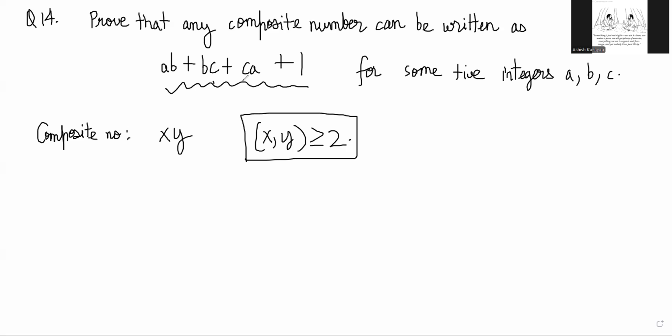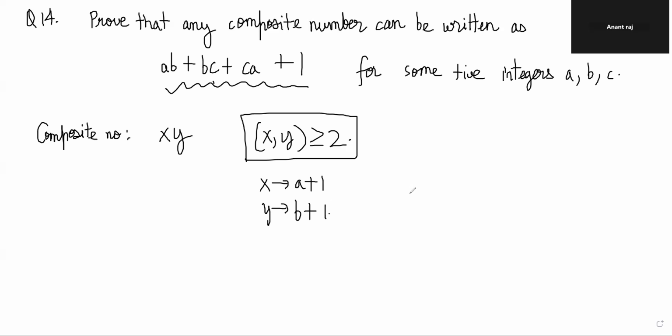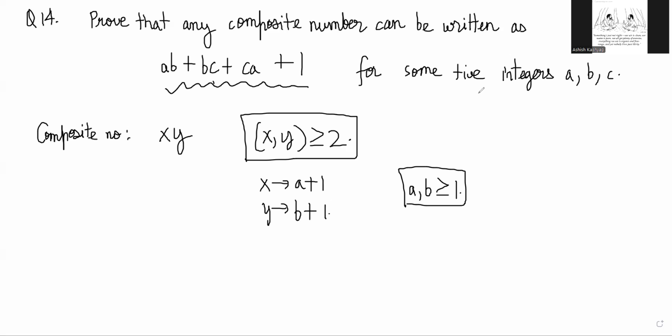So since x and y are both greater than equal to 2, we can write x as a plus 1 and y as b plus 1, right? Because that will ensure that a and b are greater than equal to 1, which is fine. Correct?